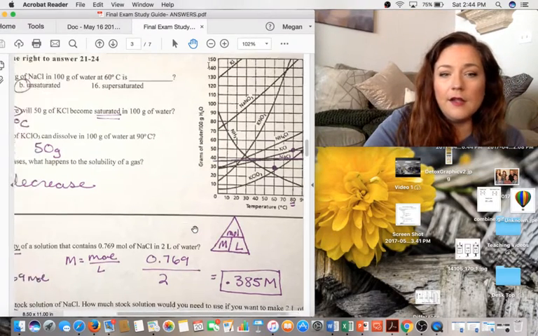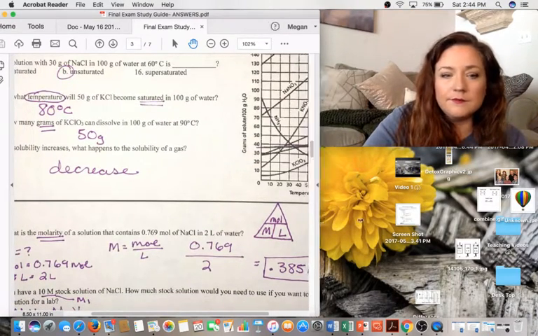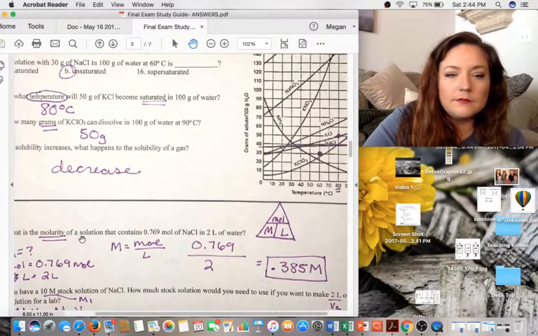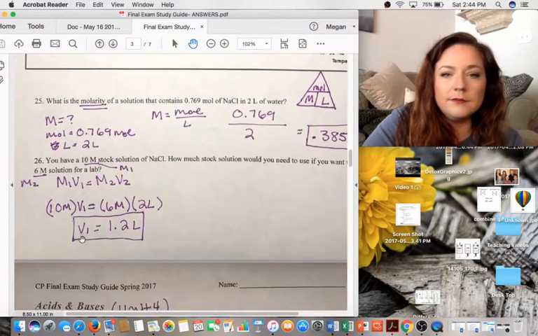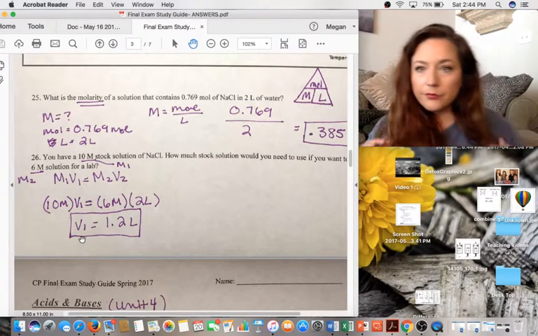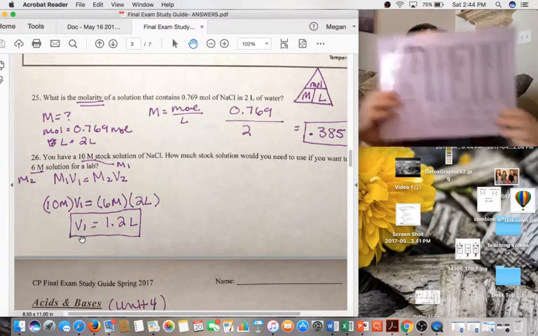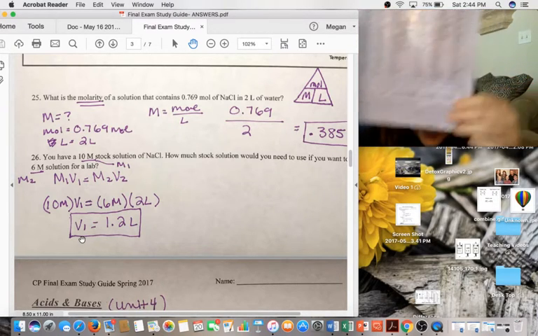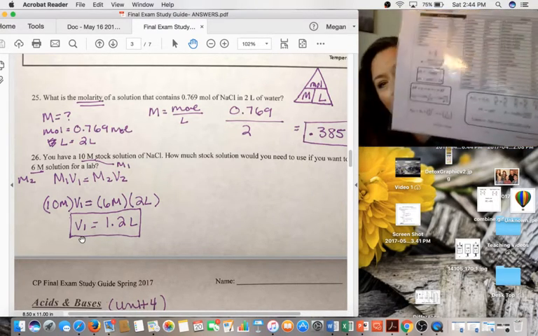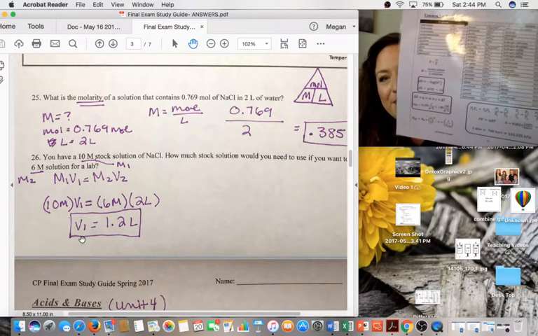All right, then for 25, I want to remind you guys very lovingly, there are formulas on the back of your periodic table.